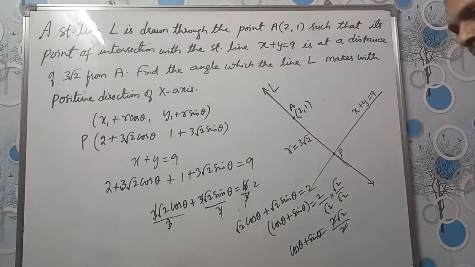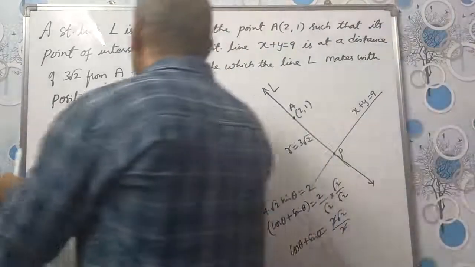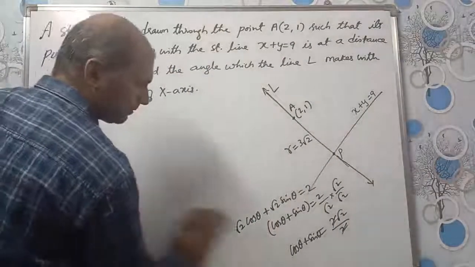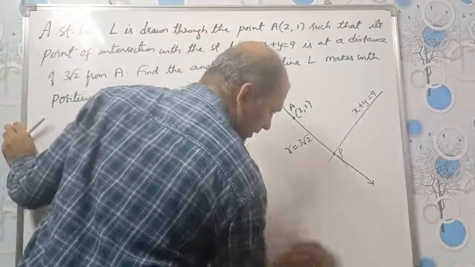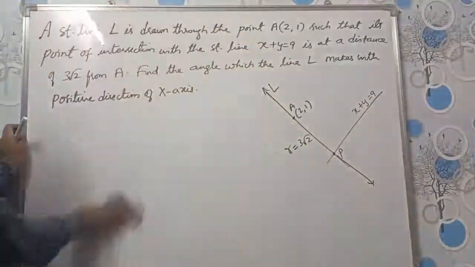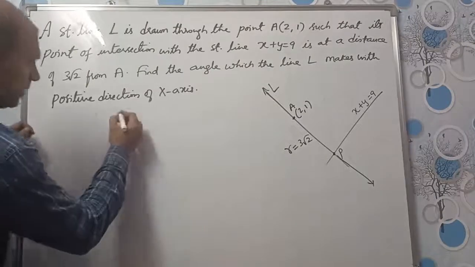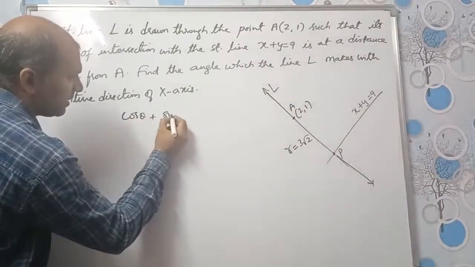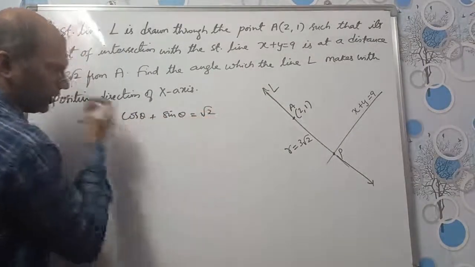Now simplify it. So cos theta plus sin theta is root 2 we got, right?